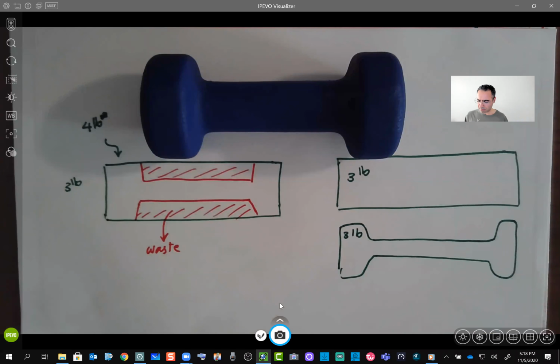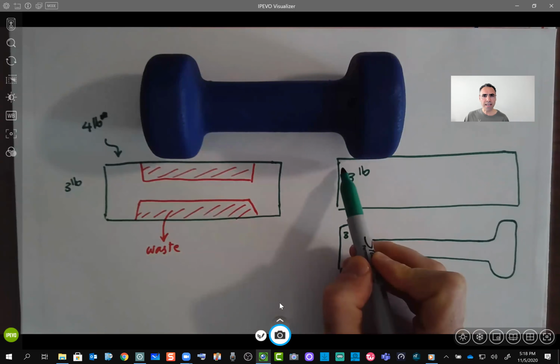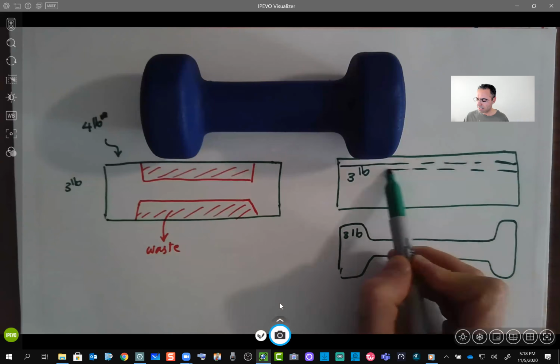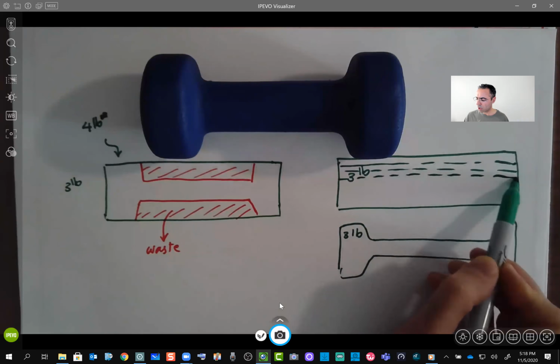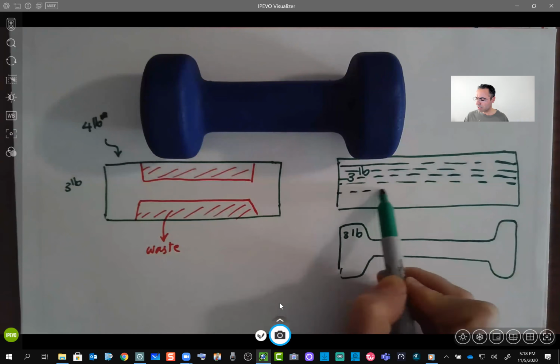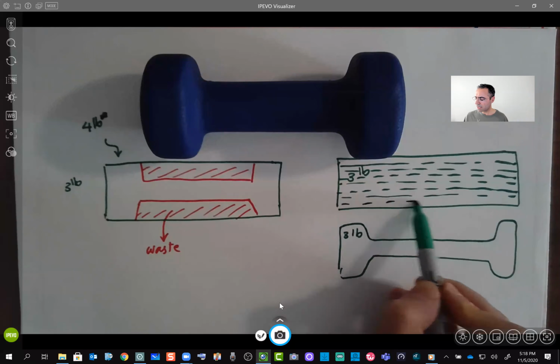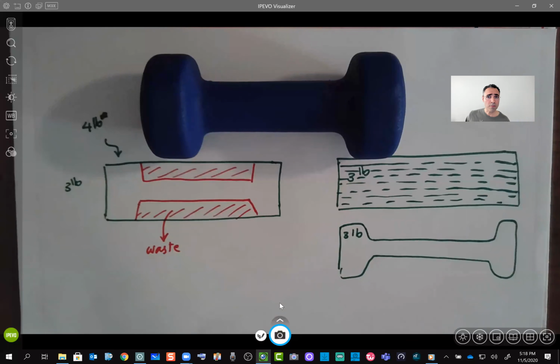But another important feature is this. Let's say that our original cylinder has a uniform longitudinal grain like that. These are the grains, and if you recall, at the very beginning we discussed grain and grain orientation. Ideally, let's think that the original material has these nice, clean grains parallel to the longitudinal direction.